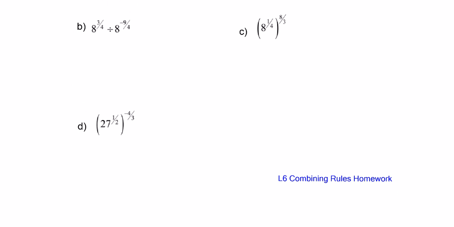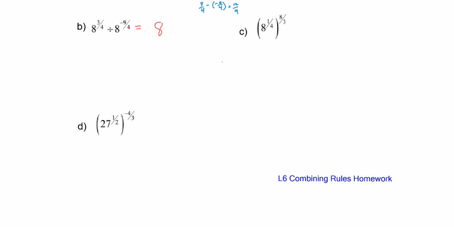Our first problem is 8 to the 3 over 4 divided by 8 to the negative 9 over 4. Using division rules, we know that this is equal to 8 to the, well, this division means subtract. So we've got 3 over 4 minus negative 9 over 4, which gives us 12 over 4.